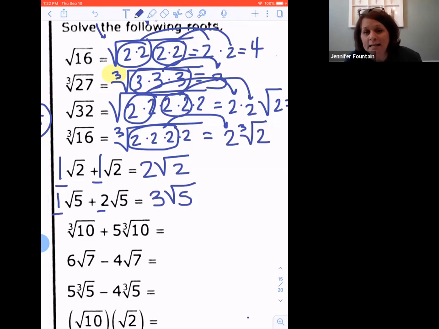My radicand is 10. My index on both of them is 3. So my indexes and radicands are the same. I know this is a 1 since there's nothing there. So 1 plus 5 is 6, and then the cubed root of 10 stays the same.